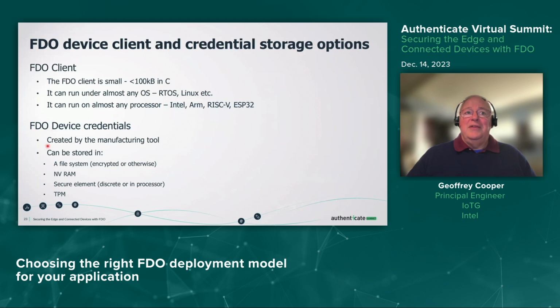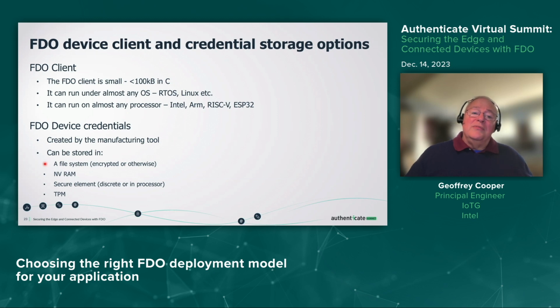Now, where are you going to put the credentials? The manufacturing tool will give them to the device, and the device will have to store them somewhere. If you have an encrypted file system, you can put them there. If your encrypted file system is protected by a TPM, now the credentials are protected by the TPM. That's one of the simple ways of doing it, and it's a standard Linux configuration.